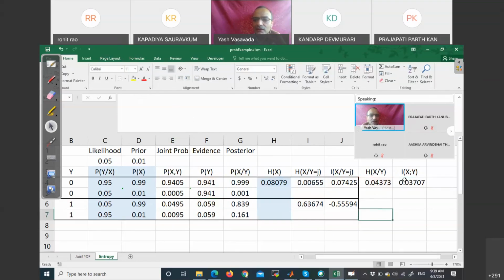And this is now the absolute amount of information that gets transferred, 0.03 bits. So this is the way to start thinking about the information transfer that is happening on a binary symmetric channel.